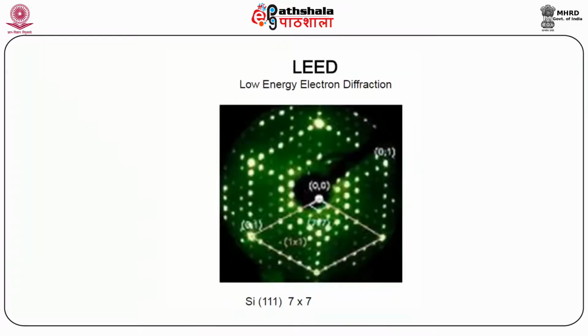LEED pattern of a silicon 100 reconstructed surface. The underlying lattice is a square lattice, while the surface reconstruction has a 2 by 1 periodicity. As discussed in the text, the patterns show that the reconstruction exists in symmetrically equivalent domains, which are oriented along different crystallographic axes.